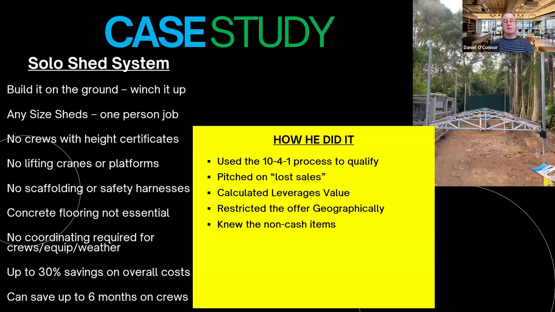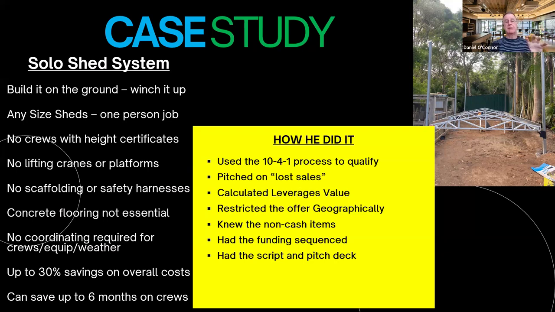Now, he knew what the non-cash items were, and there were lots of them, and I'll go through those with you. He had the funding sequence. He knew exactly what he needed. This was a 6-month commercialisation project, and he knew exactly what he needed when, and so how much they needed to come up with, and at which month of those 6 months. He had the script and the pitch deck all prepared.